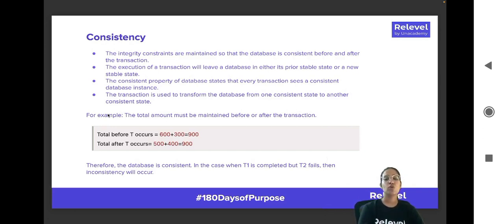For example, the total amount must be maintained before and after the transaction. If you have the total of someone's accounts before and after, you have to make sure that the transaction is consistent. Clear? Consistency as a concept is very similar: the database should always be in a consistent state after executing the transactions.